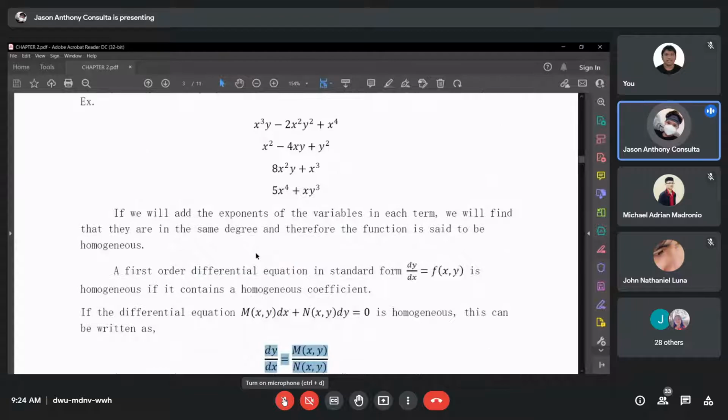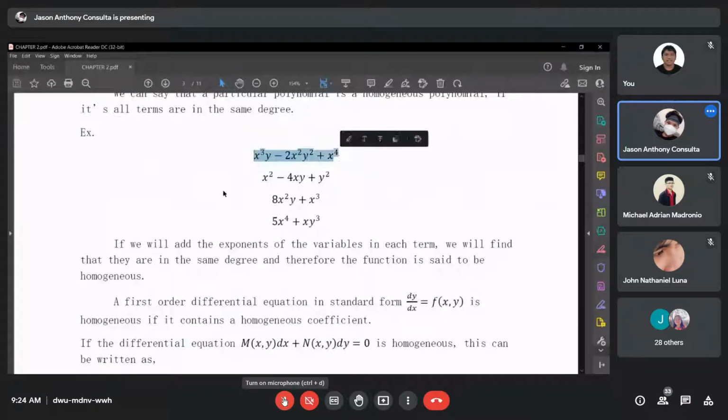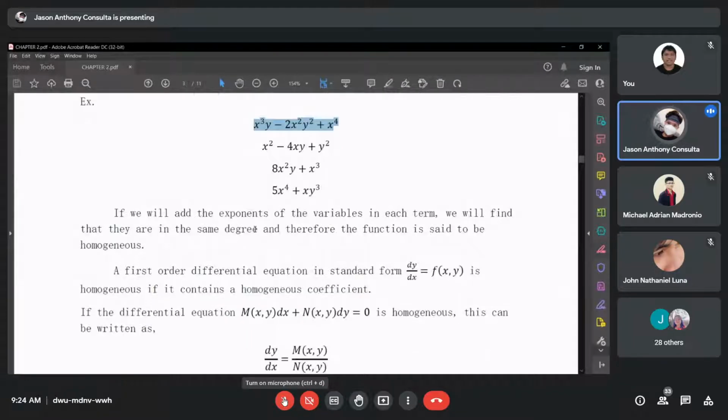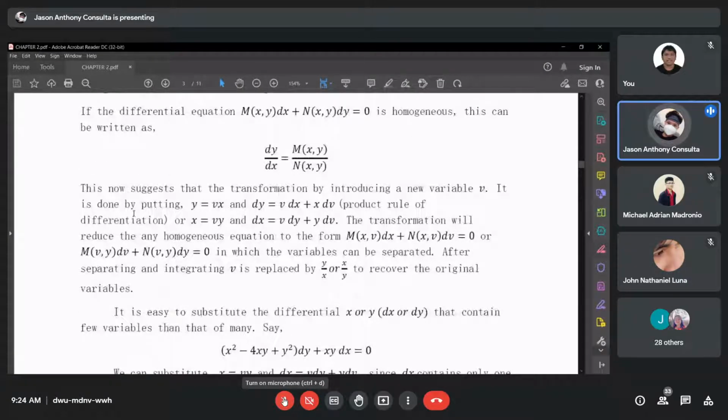Let's say you are given this equation. Okay, yung unang equation. Sa lahat ng y terms dyan, mag-substitute tayo ng vx. Then lahat ng dy terms, mag-substitute tayo ng v dx plus x dv. Okay, this is product rule, yung sa product rule ng vx. Okay?